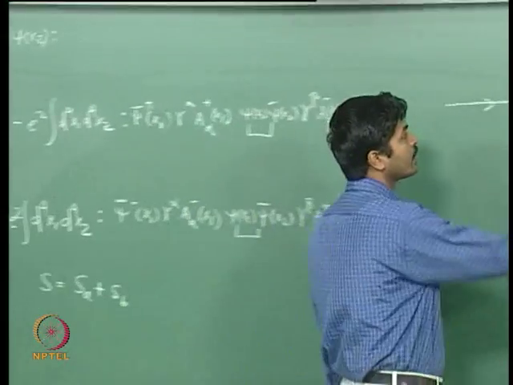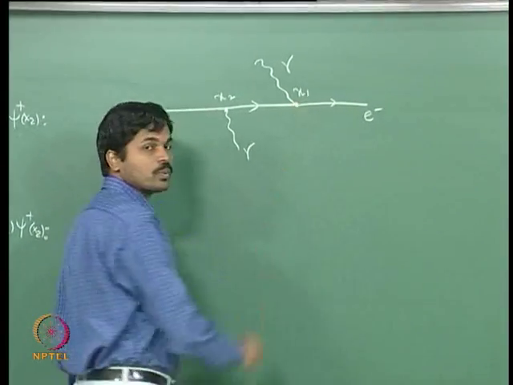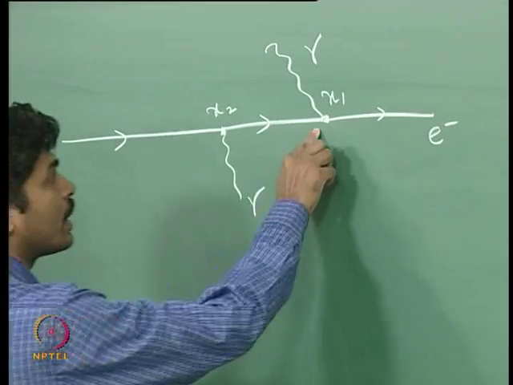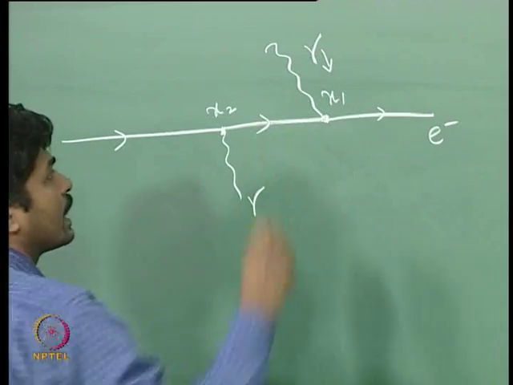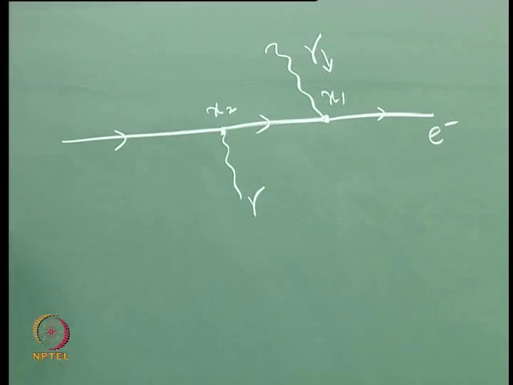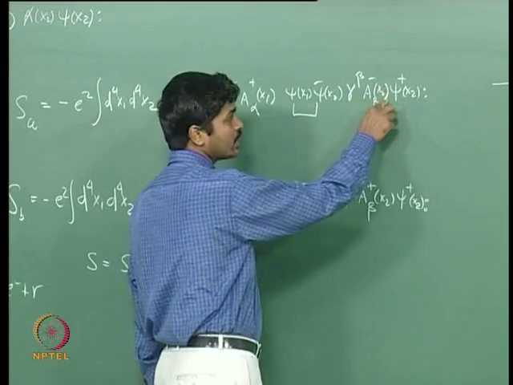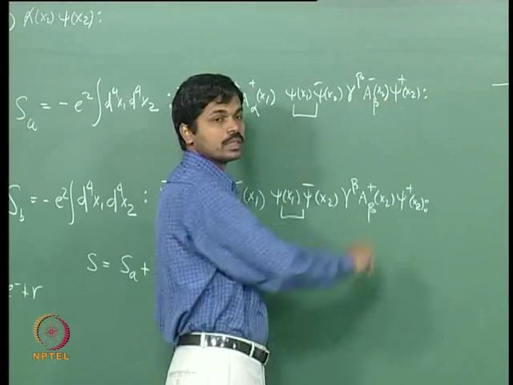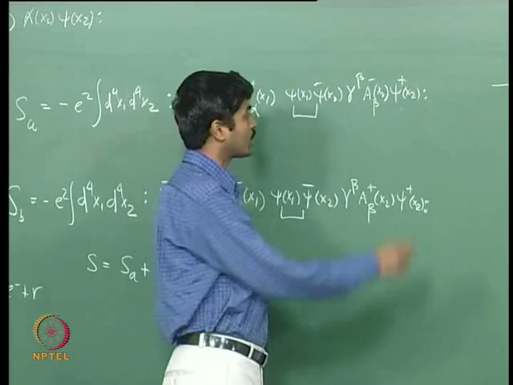So you have correspondingly an incoming photon at x1 which is getting annihilated, whereas there is an A minus of x2 which represents creation of a photon at x2.